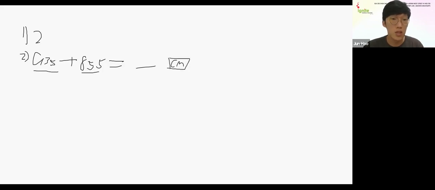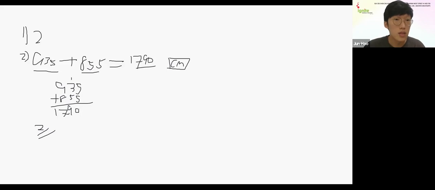This is just simple addition. 5 plus 5 is 10, so 0, carry 1. 5 plus 3 is 8, 8 plus 1 is 9. 9 plus 8 is 17. So it will be 1790, which is 2. Let me just erase all this.